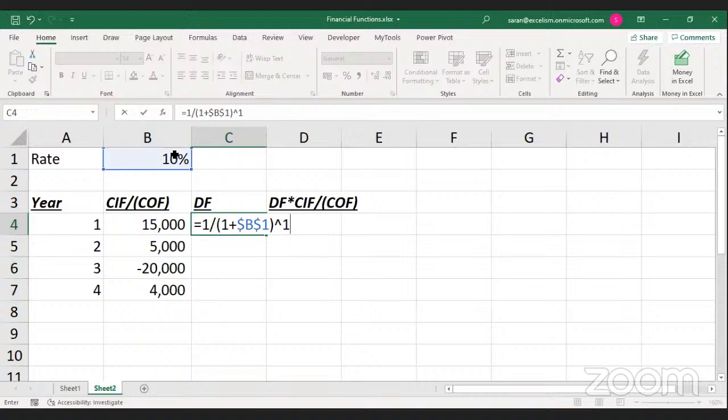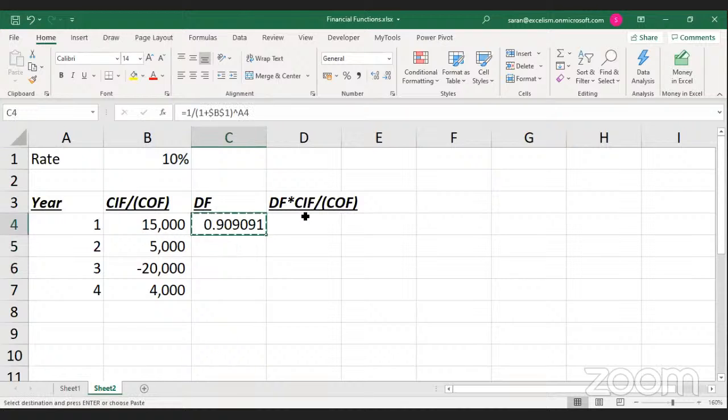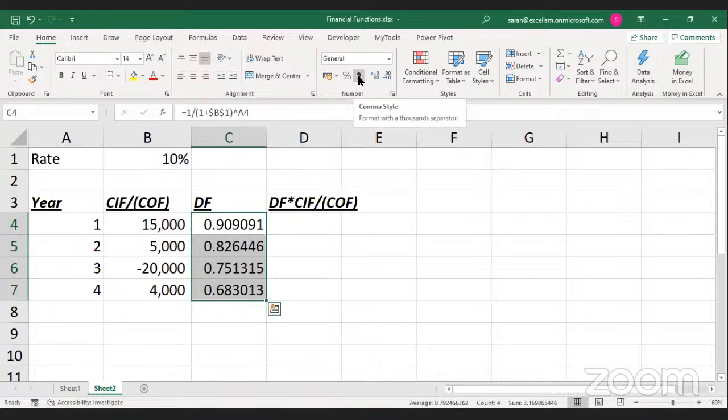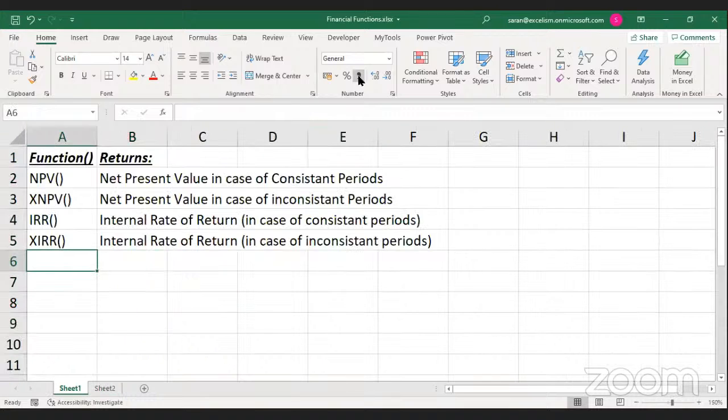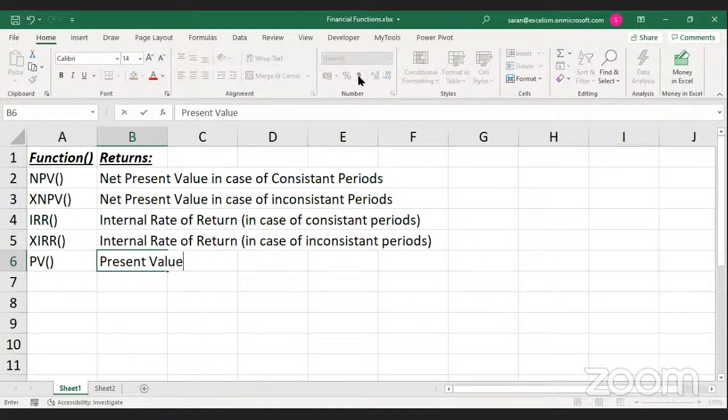Instead of making this manual, I can simply select this so that if I copy and paste below, A4 will automatically become A5, A6, A7, and so on. Copy this and paste below. If anyone has any question till here, please let me know. Either you can follow this method or there is one more function I'll introduce, called present value, which returns the present value.